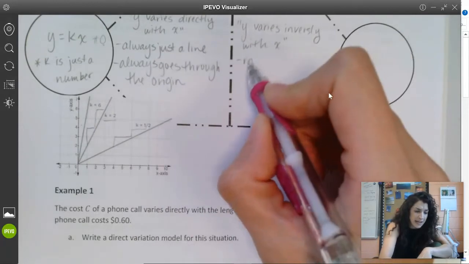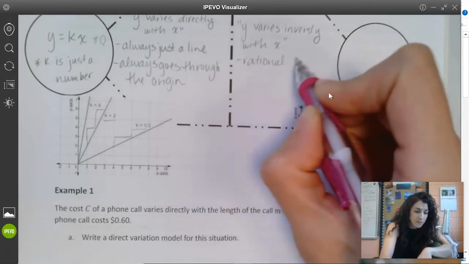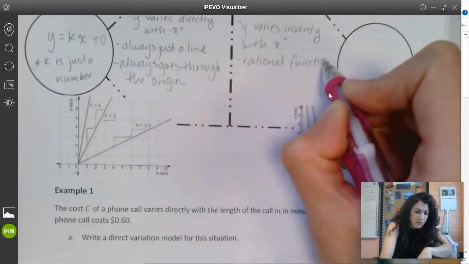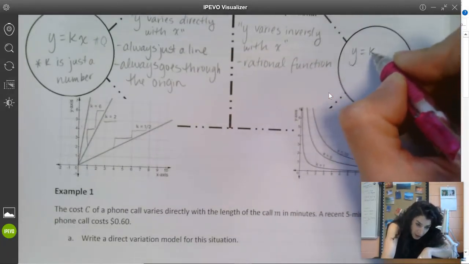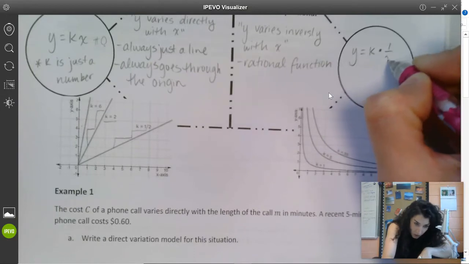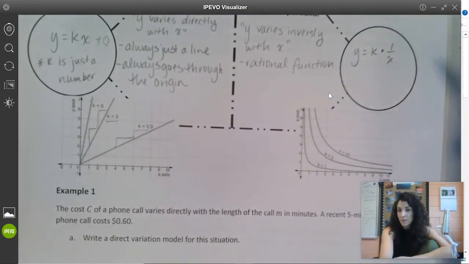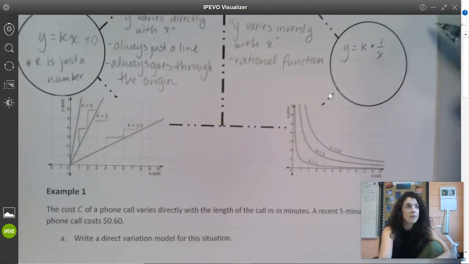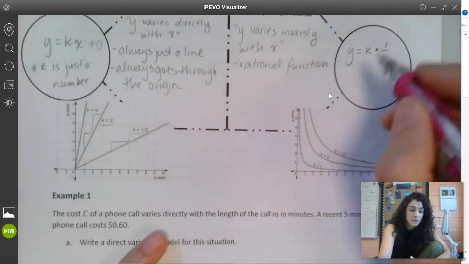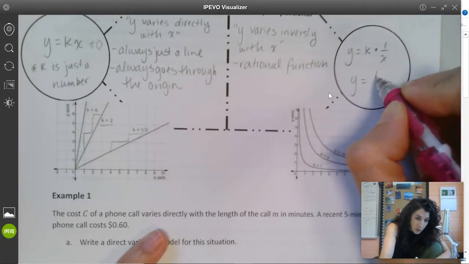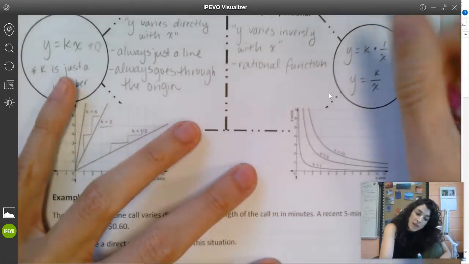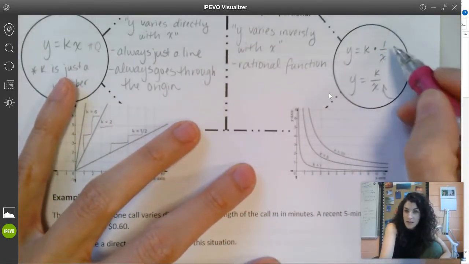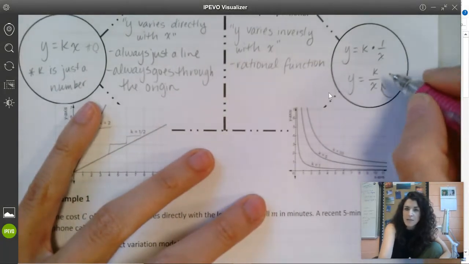So instead of being a line, it's a rational function, because remember that rational just means fraction. y equals k times 1 over x, and remember that k is just a number, some sort of constant. Or we can write it as y equals k over x. These two formats are the same thing.